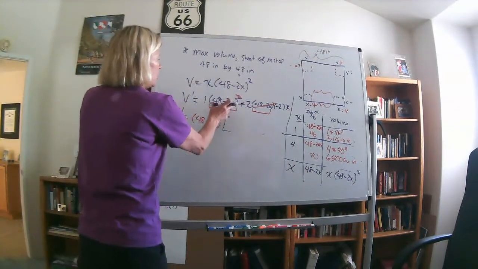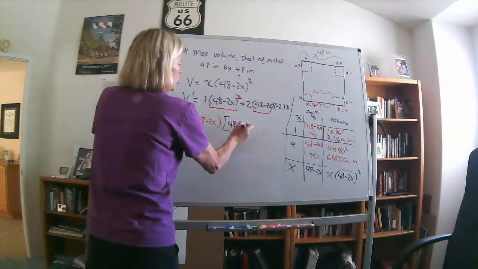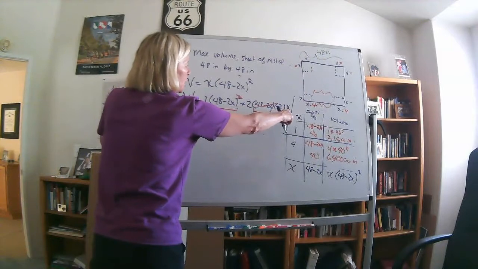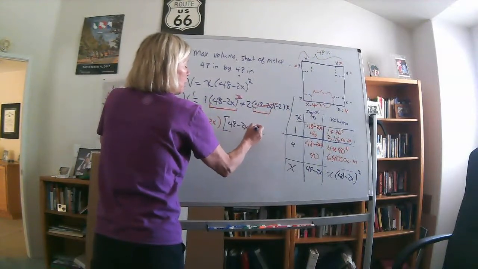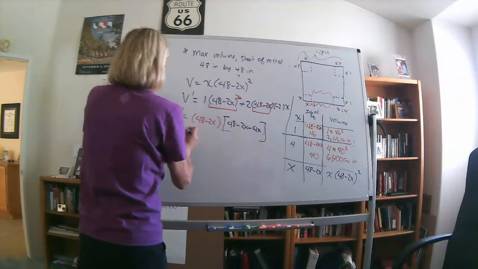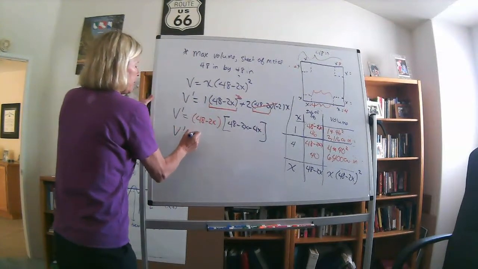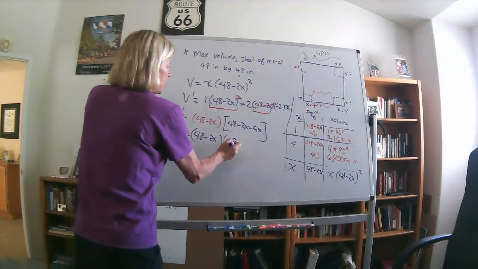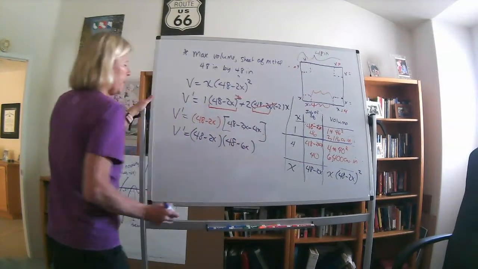So I'm left with 48 minus 2x. I've got 2 times negative 2 times x, which is minus 4x. So my v prime is 48 minus 2x times 48 minus 6x.